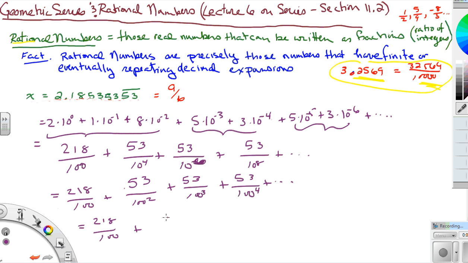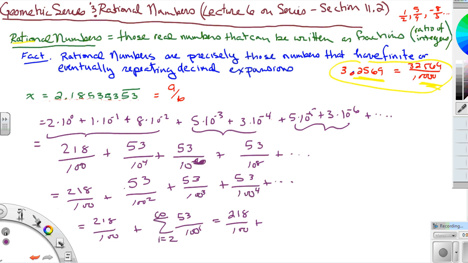This is the sum, i equals 2 to infinity of 53 over 100 to the i. We came up with a formula for that. So we get 218 over 100 plus, what's my m here?